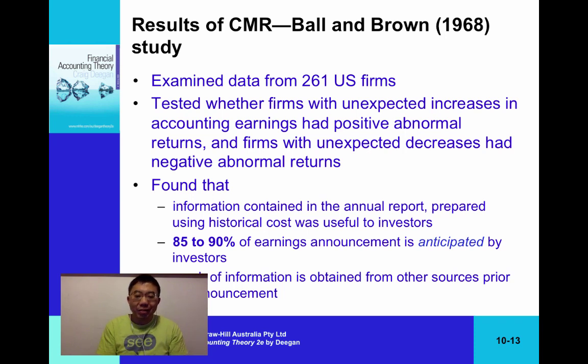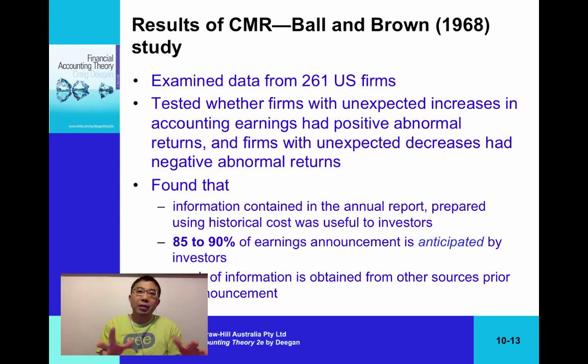Then the next thing that we talked about in capital market research is that we look at firm-specific earnings and the impact of firm-specific earnings on changes in share price that relates to firm-specific factors. So we're actually looking at non-systematic risks.